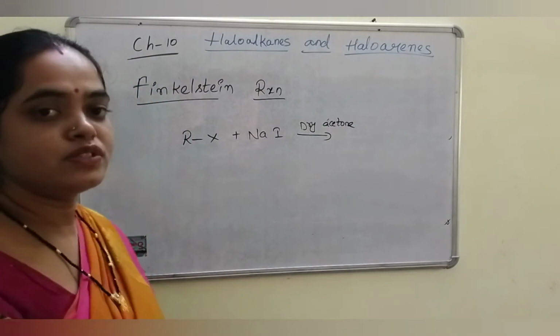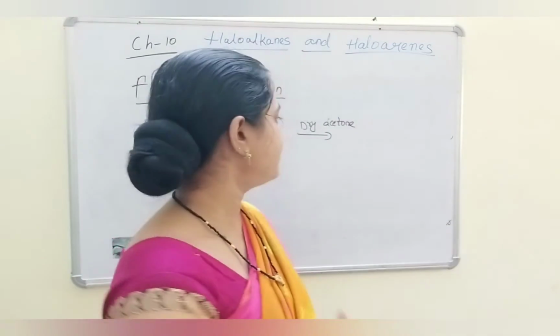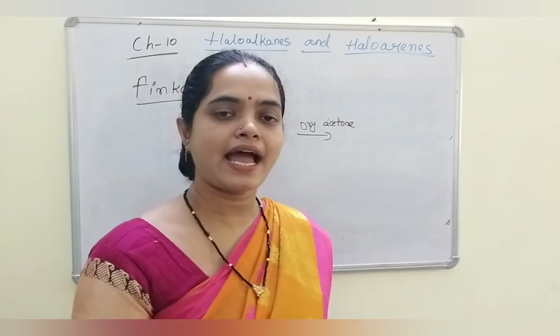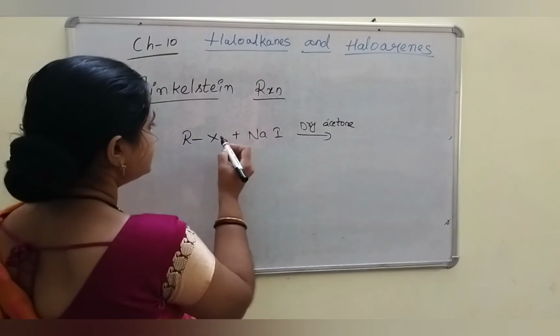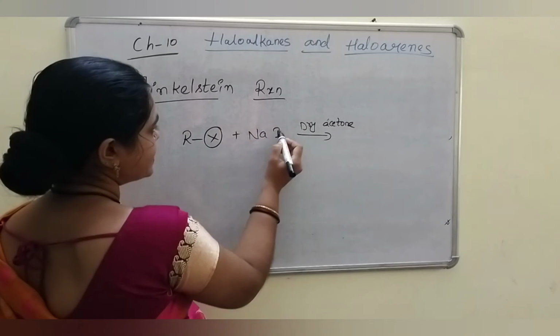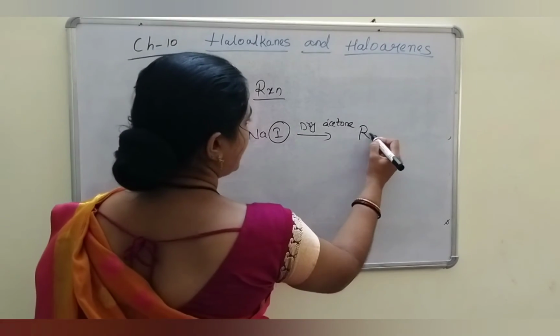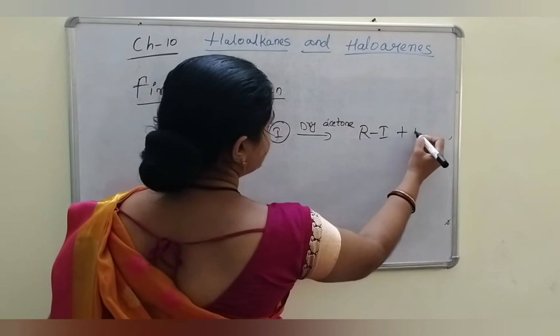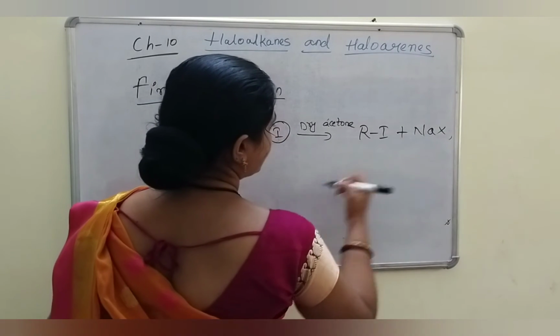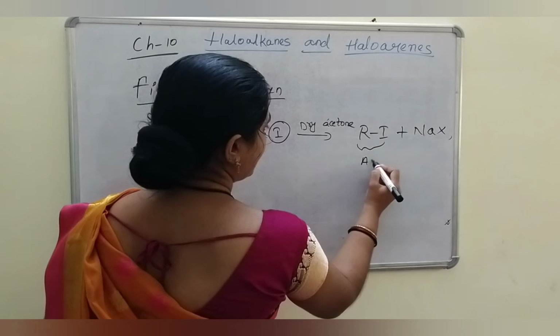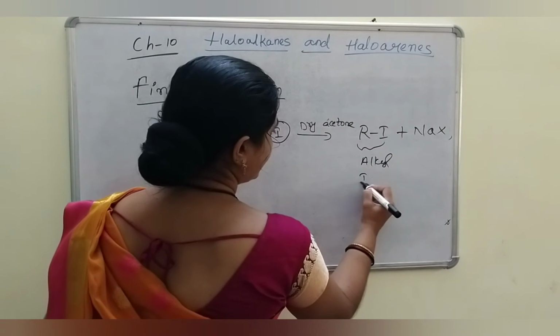Here the halogen exchange takes place. In place of X, iodine will come. So you get RI plus NaX. This is alkyl iodide.